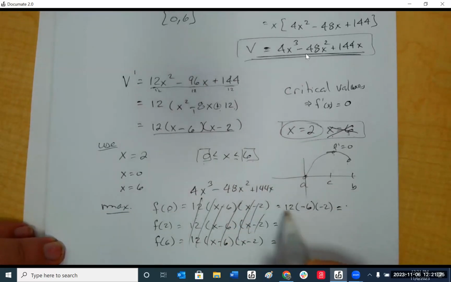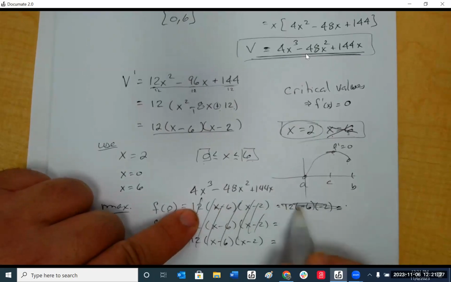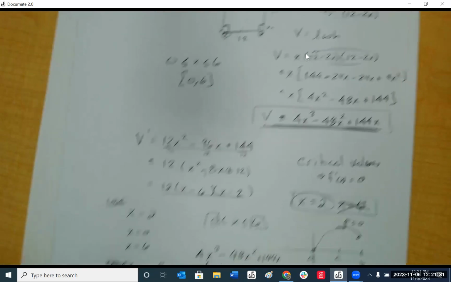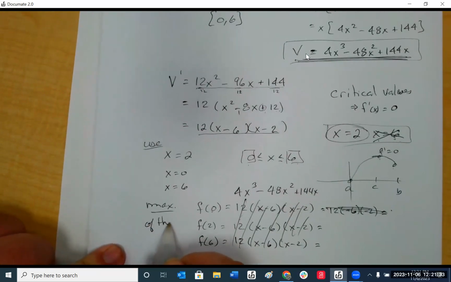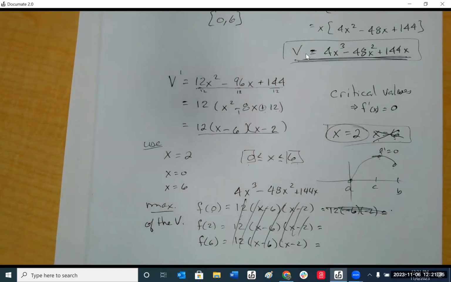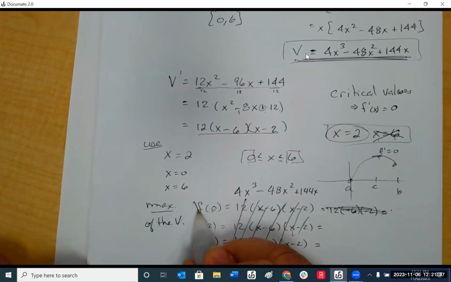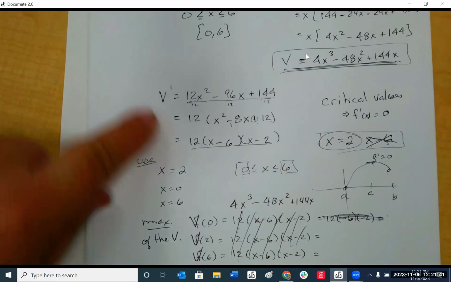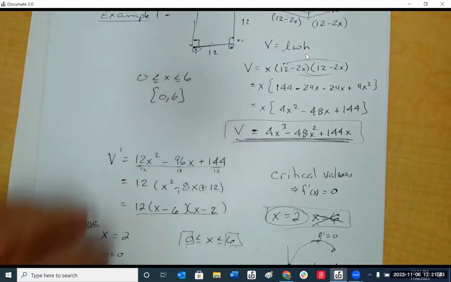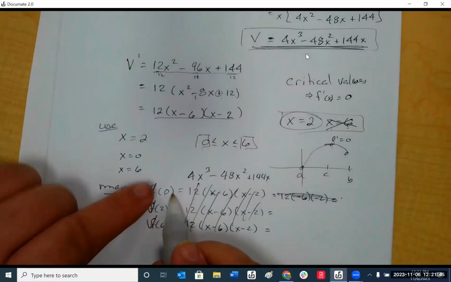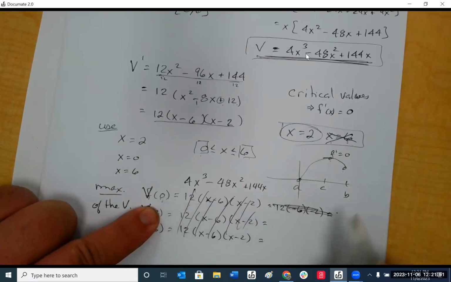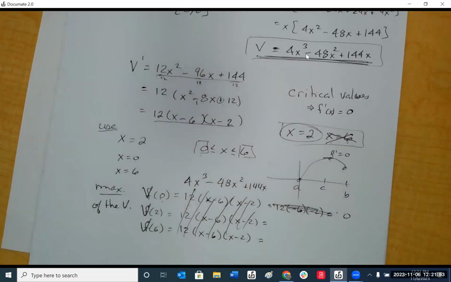I looked at the wrong formula. We have to use the volume formula, not the derivative like I used, but the function itself. So if we plug in 0 here, it's going to be 0.